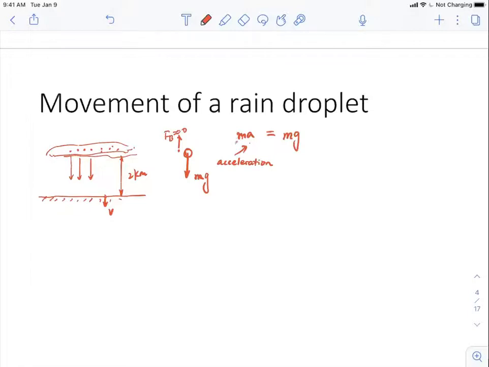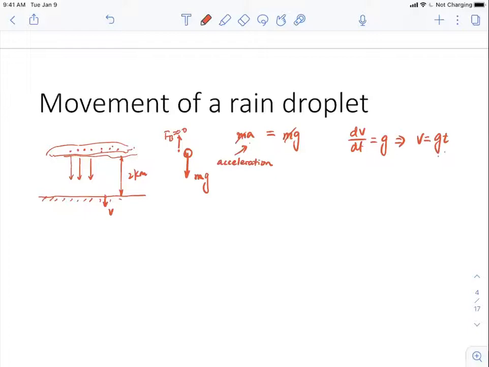So we can cancel out m here. And further, we know that a is basically dv/dt, and that's equal to g. And then we can try to solve for v. So v is just going to be equal to g multiplied by t. So as the raindrop further falls in the sky, if we count the time, then the velocity of the raindrop is just the gravity multiplied by time.